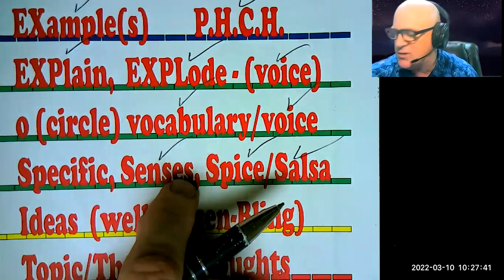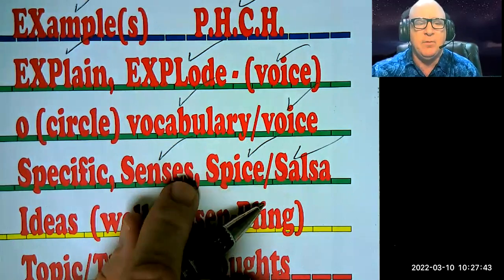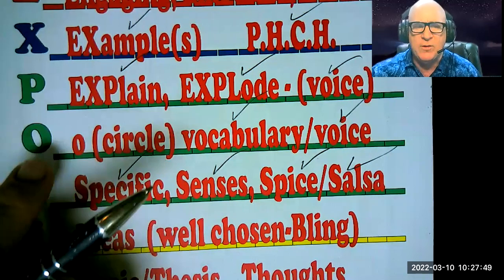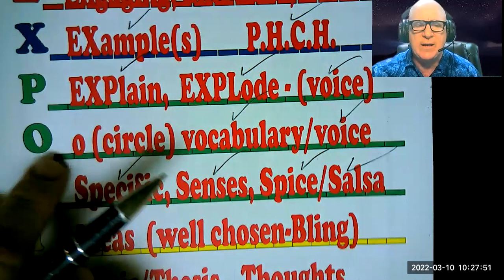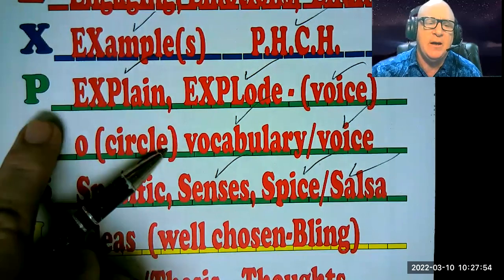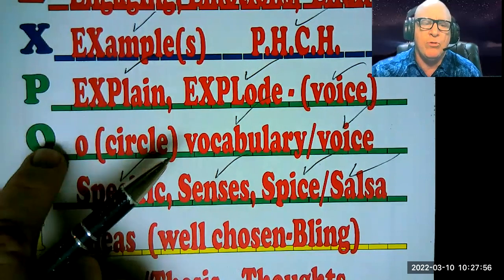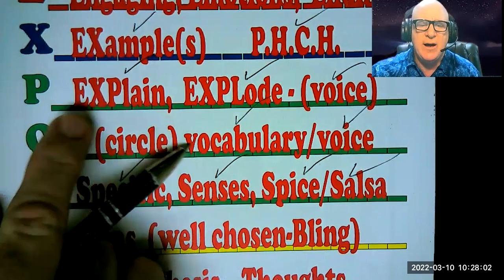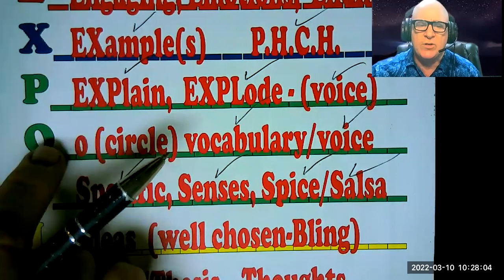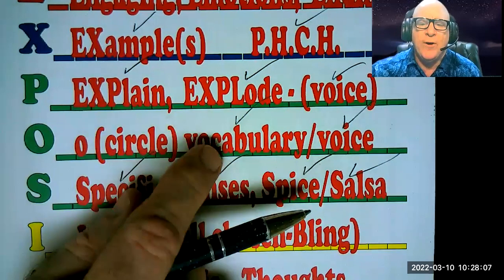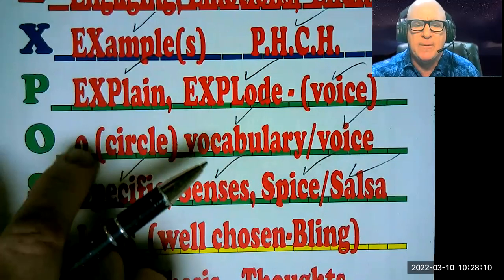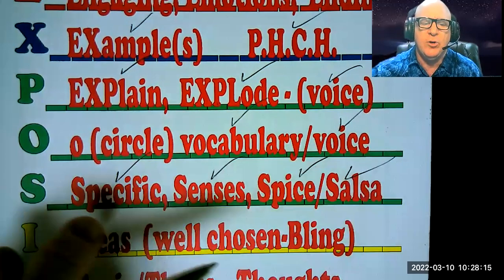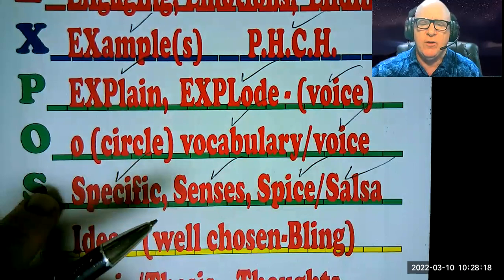And if you get GPS, if you take your example and explain it, and you're doing it with higher vocabulary and voice that I'm going to circle, the more circles that I can give. It's like saying, I'm going to take the grass and make it greener by explaining it, and greenest by using higher vocabulary and voice. So the more circles that you have, the more vocabulary and voice that's in the paper. And if you're being specific while you're doing it, you're already moving yourself to a 3-4 paper.